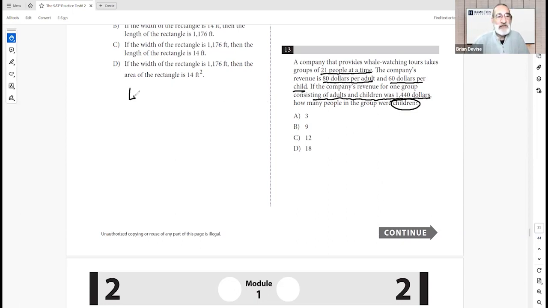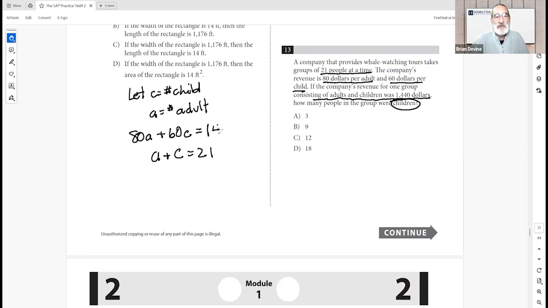And so if I let C equal the number of children and A equal the number of adults, then I know for a fact that A plus C is 21. And 80 times the number of adults plus 60 times the number of children has to be the amount of money they made.